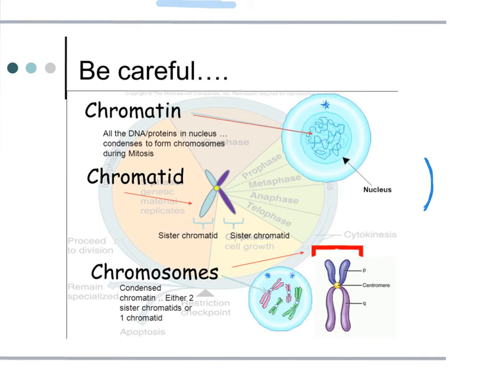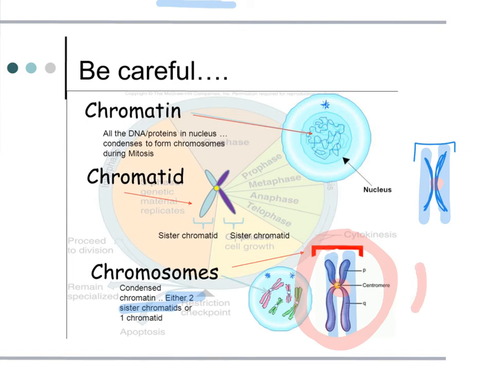When it duplicates, we still have 1 chromosome, or 2 sister chromatids, and that says that right there, 2 sister chromatids. So this is a sister chromatid and this is a sister chromatid. But this whole thing is known as a chromosome. So when these sister chromatids are connected with this centromere, then the sister chromatids together are a chromosome.